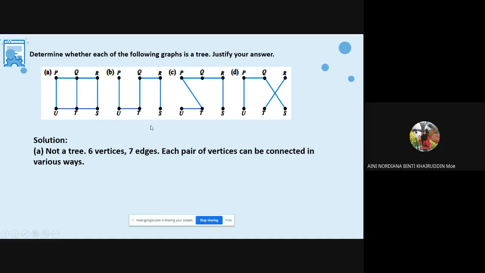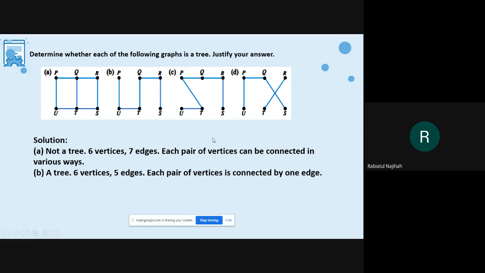B? Yes. Yes or no? Yes. So B a tree because 6 vertices and 5 edges. Lepas tu each pair of vertices is connected by only one edge. Okay, C. How about C? No. No, why? PQR.